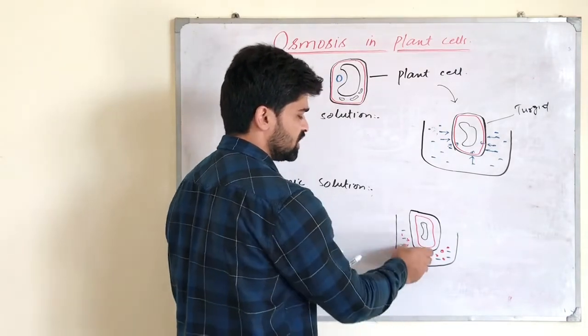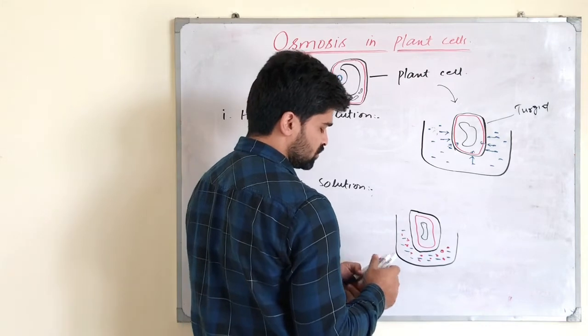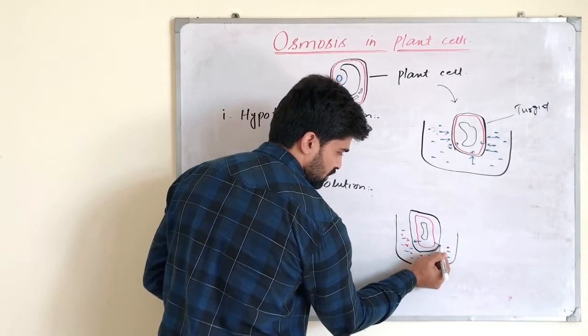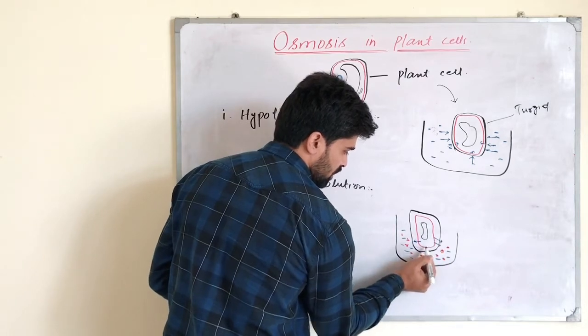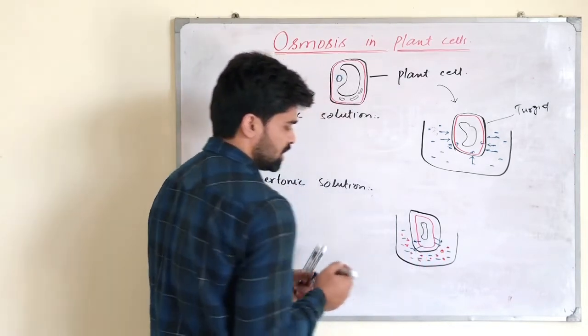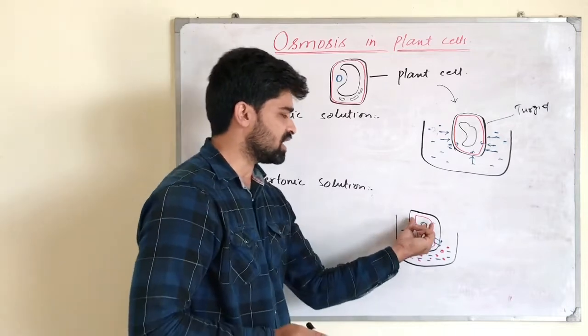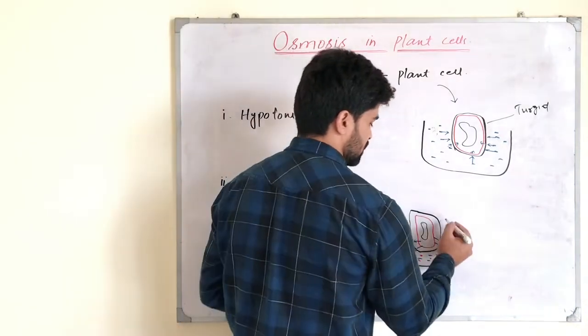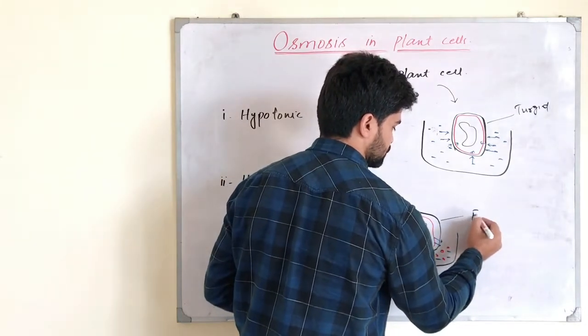The water potential is low. The water molecules will move from the inner side of the cell into the beaker, ultimately making that cell reach a condition called flaccid.